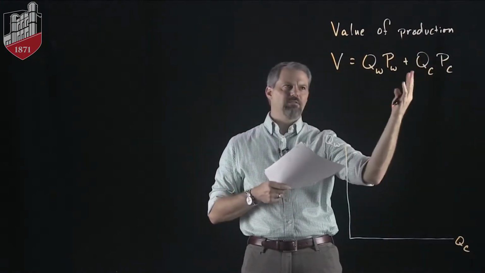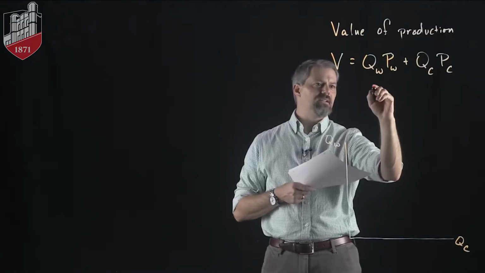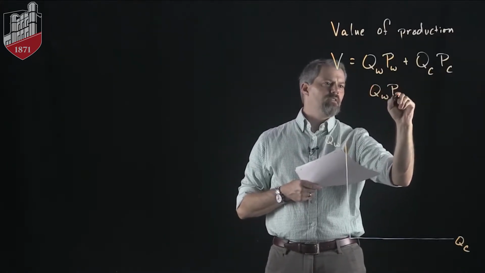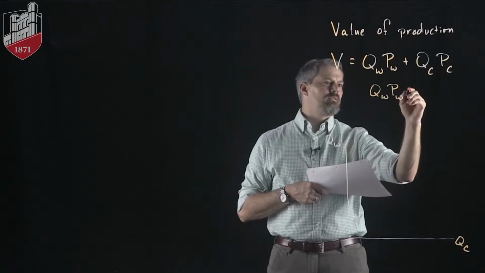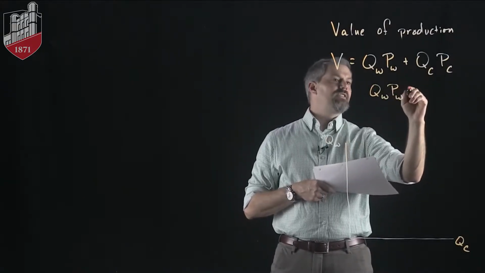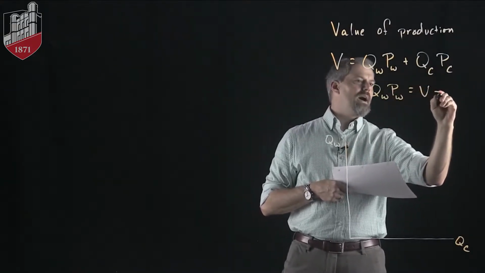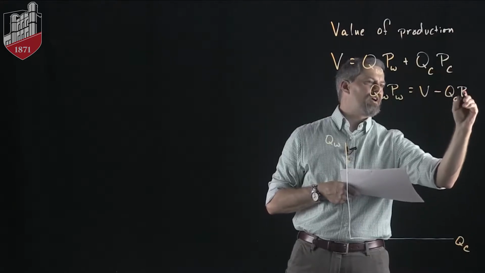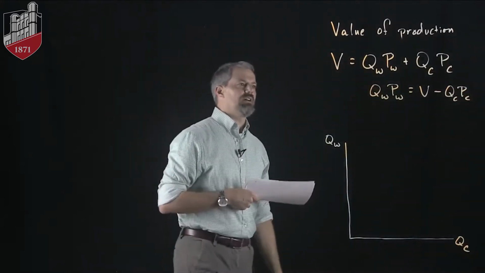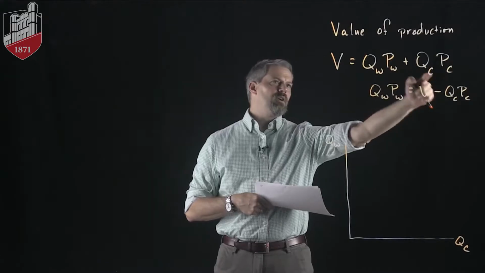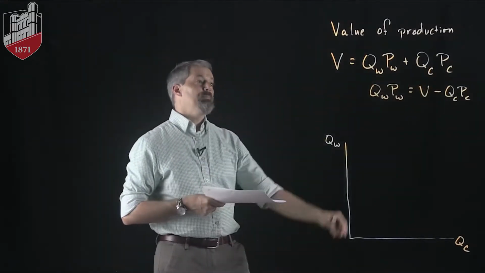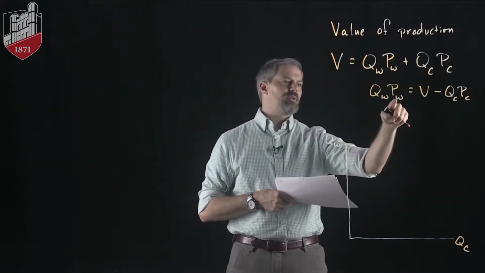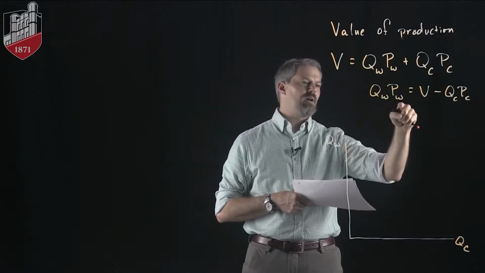So what I'm going to get is QW multiplied by the price of wine is going to be equal to V minus the quantity of cheese times the price of cheese. So all I've done is subtract this term from both sides.